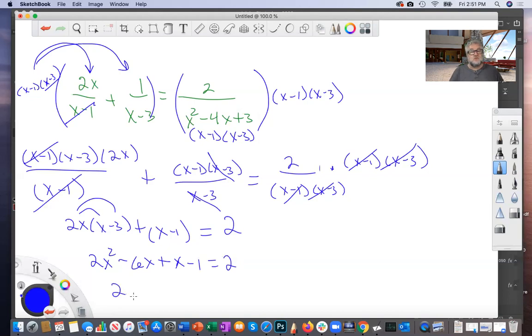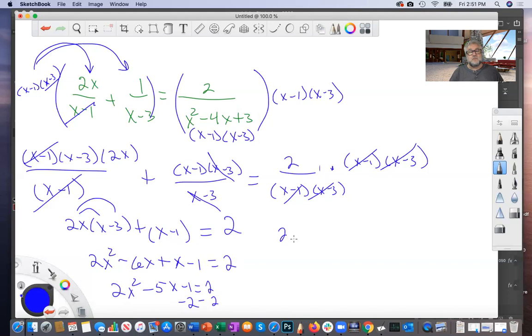So this is 2x squared minus 5x minus 1 equals 2. I'm going to subtract 2 from both sides so I get a 0 over there. 2x squared minus 5x minus 3 equals 0.